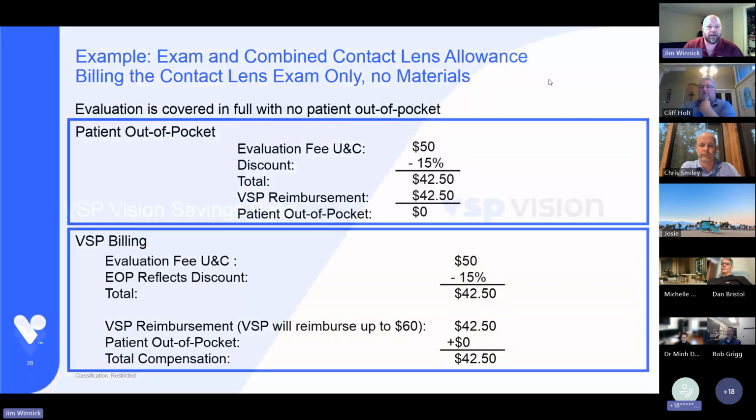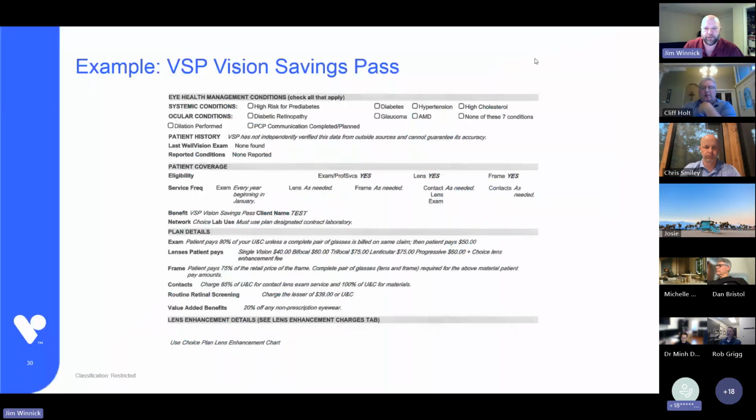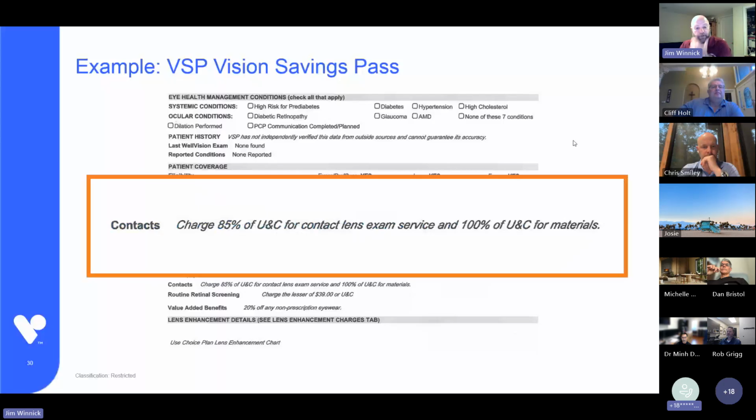Okay, Vision Savings Pass is a plan that's out there. This is basically VSP's pretty much straight discount plan that competes with a lot of the discount plans from other vision plan providers. And this one actually works out pretty well for us in the contact lens department because it's just 85% of UNC fitting fees, and we get 100% of our usual and customary for materials.